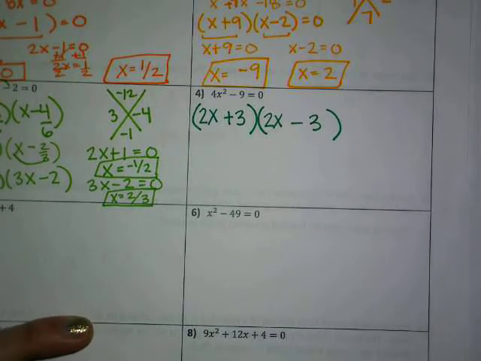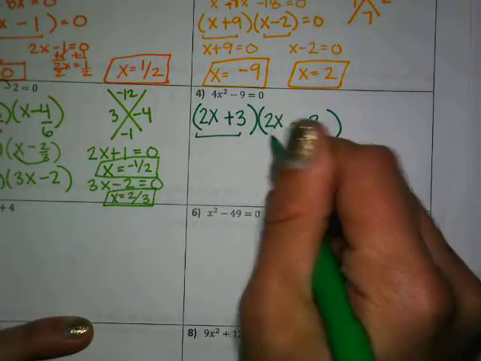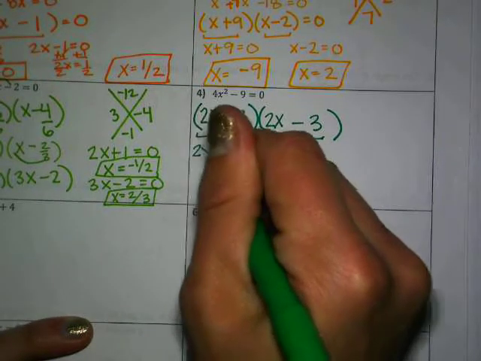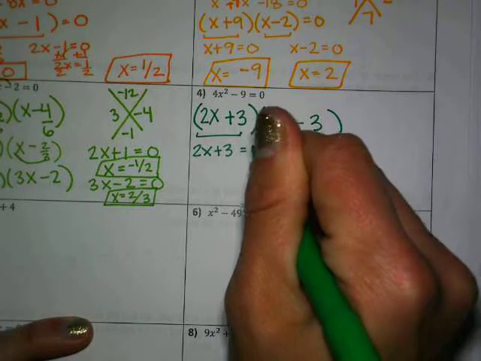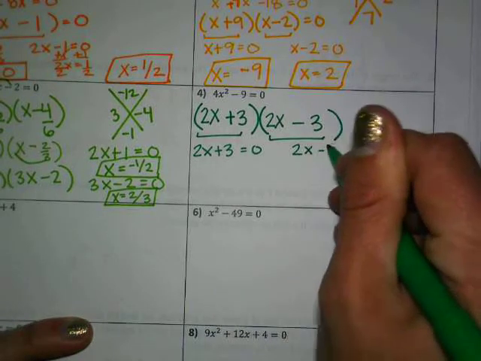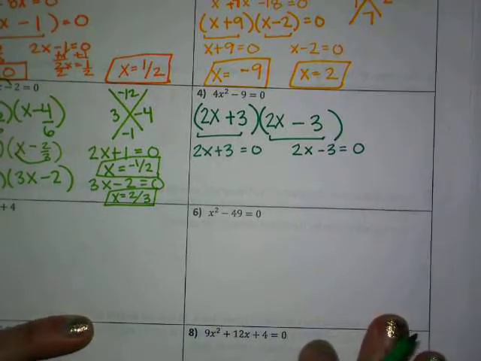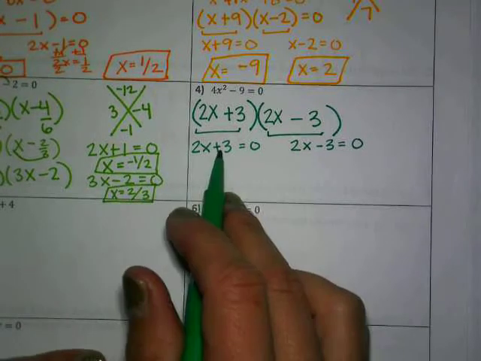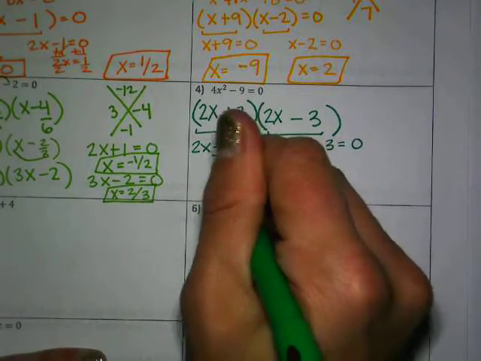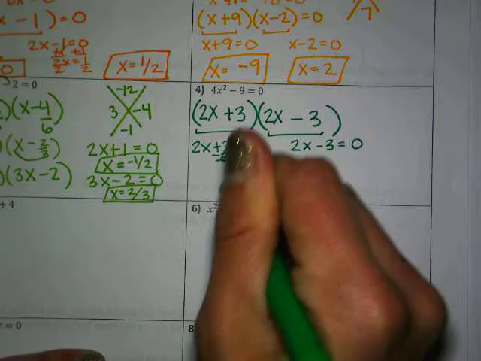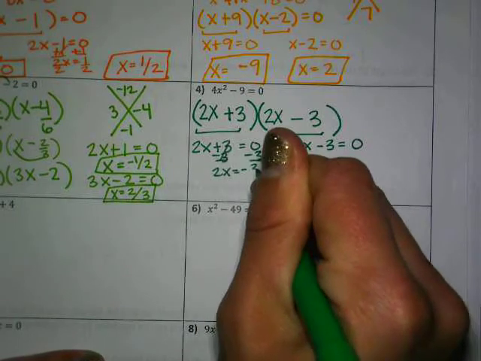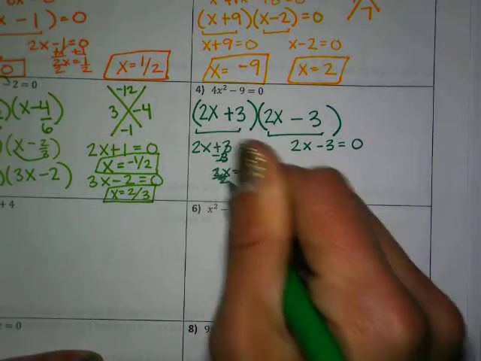So now I'm going to take each of these factors and set them equal to 0. 2x plus 3 equals 0. The signs are going to be different though, so careful. This one we are going to minus 3. 2x equals negative 3, and then divide by 2. x equals negative 3 over 2 on the first one.